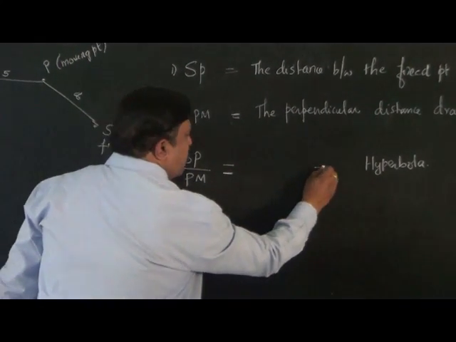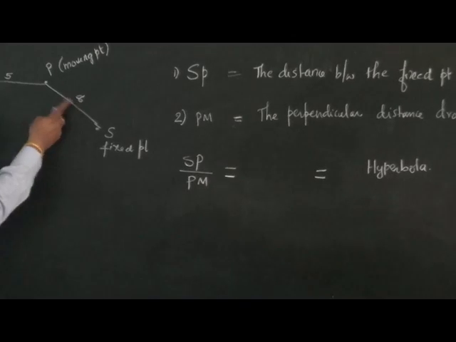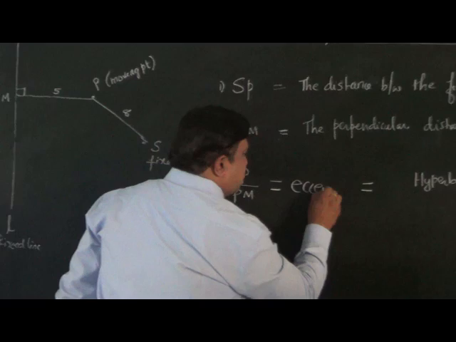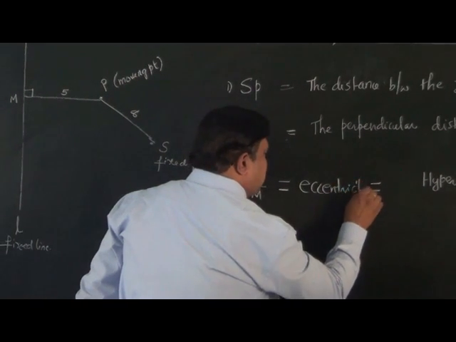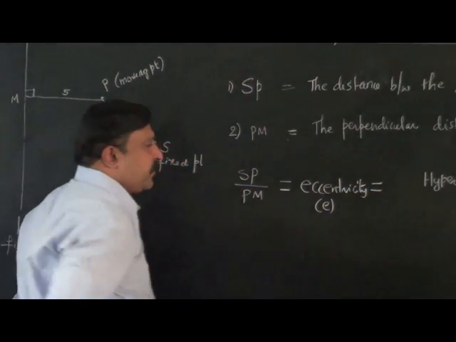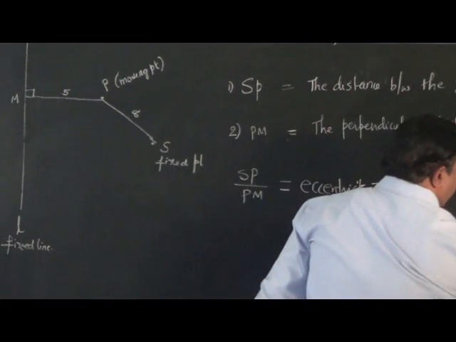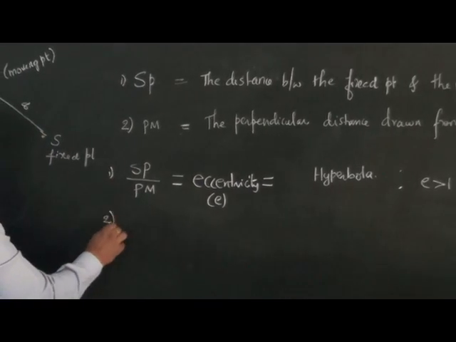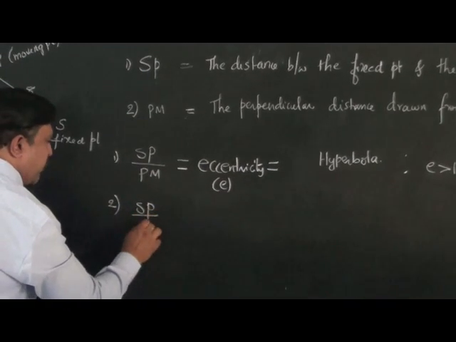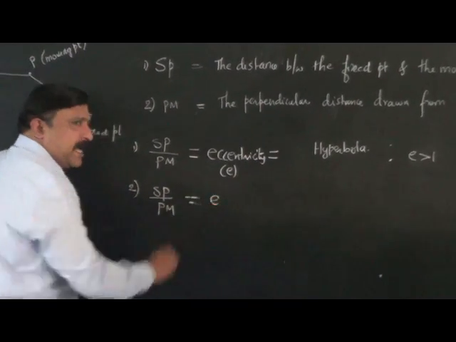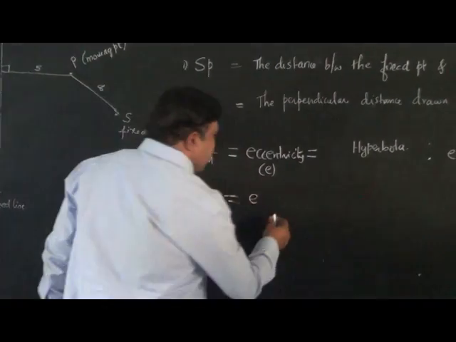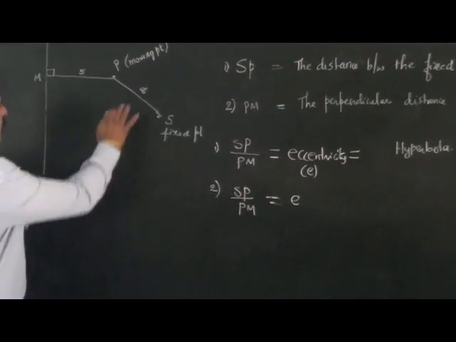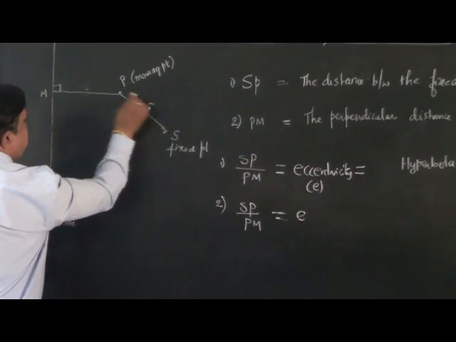The value of the ratio, as in this example 8/5, is a constant, and this constant is known as the eccentricity of the conic, denoted by E. So for a hyperbola, E is greater than 1. Now consider the ratio SP to PM, the eccentricity, being less than 1, say 5 by 8.